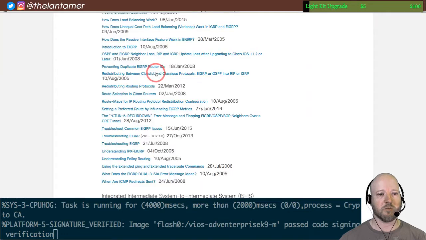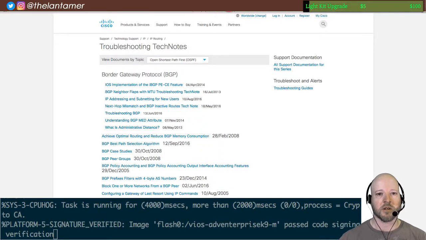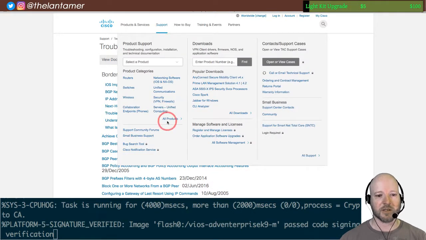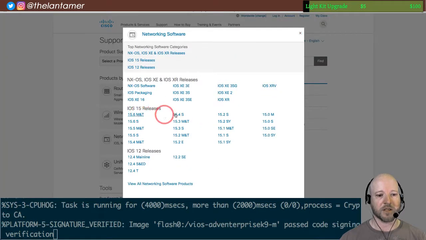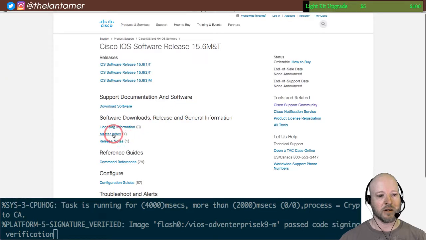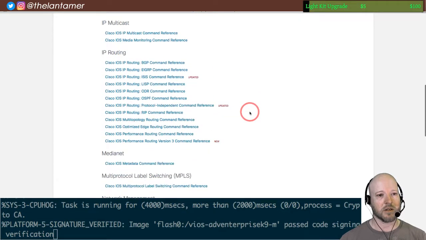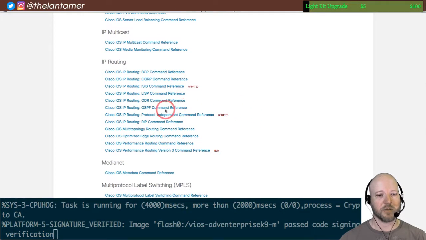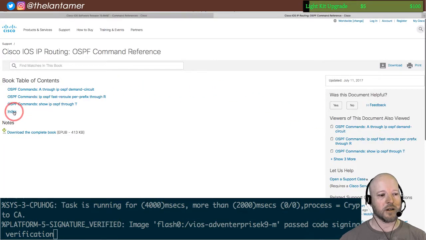Instead of the master index, let's go to the command reference for OSPF, the IP routing OSPF command reference, and then the index.